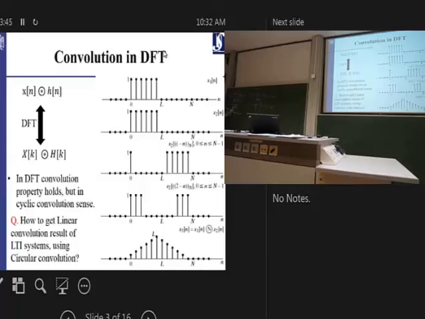Then we start again to move it forward, and the overlapping becomes more. For example, this part of the signal overlaps with this part of the signal, so the entire signal. And after some movements, we reach the part where the filter comes here and the signal is here, so there's no overlapping and the result will be 0.